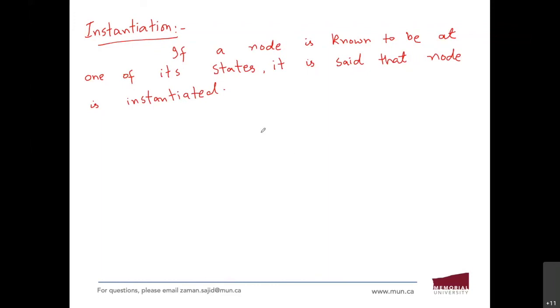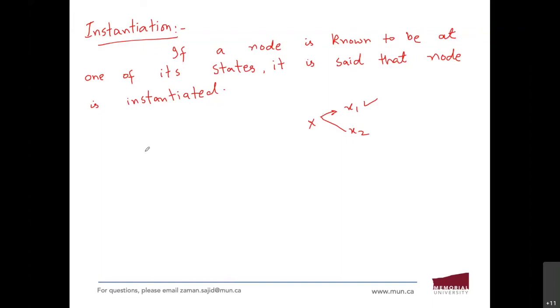What does it mean simply? If we take X, for example, and it is binary, it has a state x1 and a state x2. If we know, let's say, x1, then we say X is instantiated because its state is known.